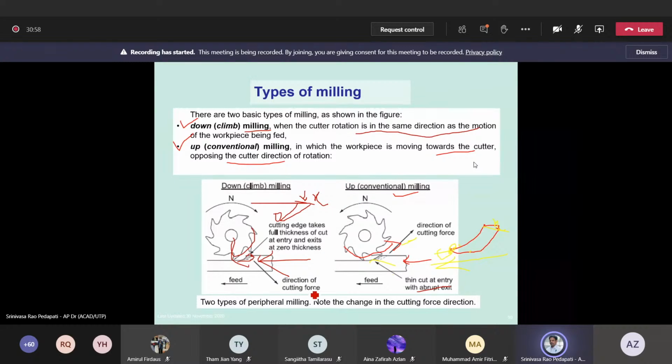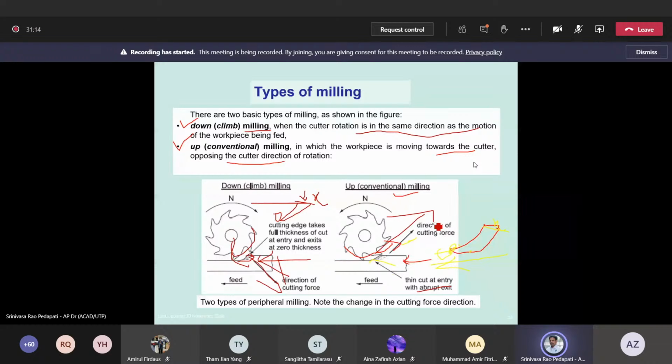Then the cutting force also, you can see here, acts in this direction because the tool hits here. Whereas here the cutting force is pushing the material out.